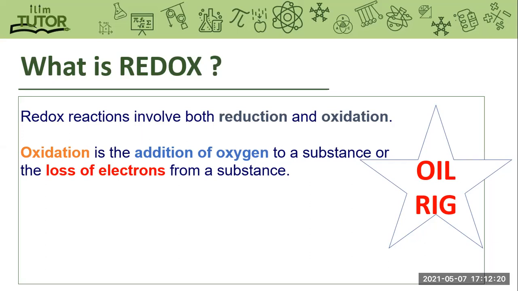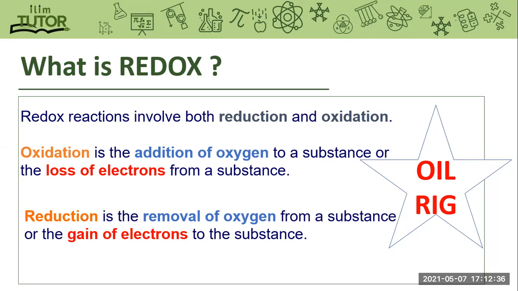So we can say that oxidation is the addition of oxygen to a substance or the loss of electrons from a substance, if it has to be defined in terms of electrons. Likewise, reduction is the removal of oxygen from a substance or the gain of electrons to the substance, or addition of electrons to the substance.